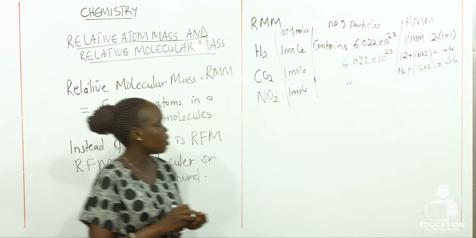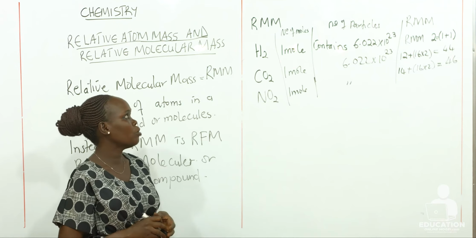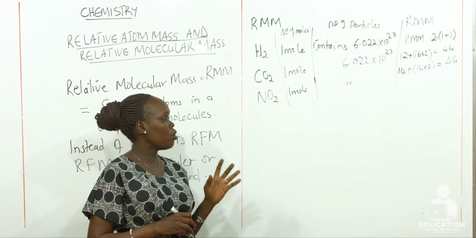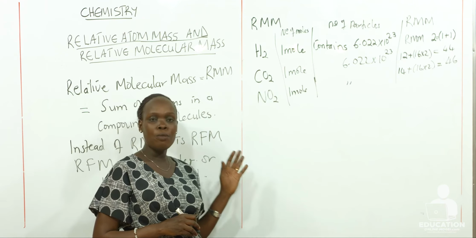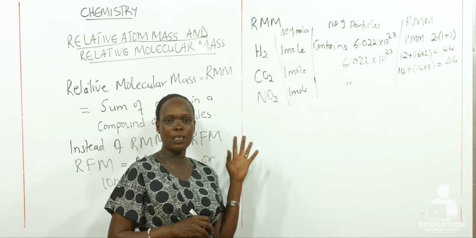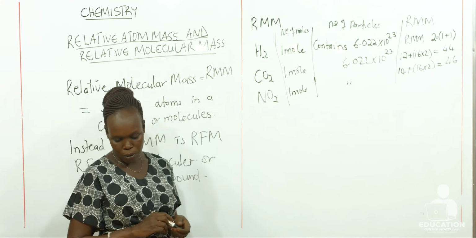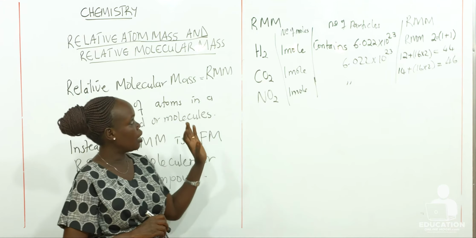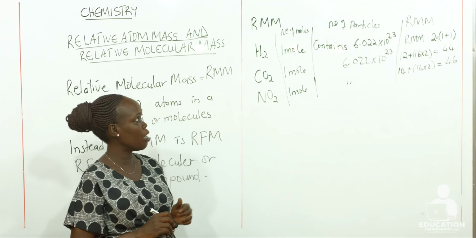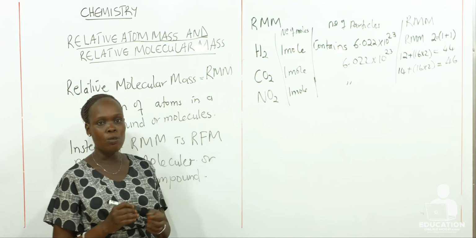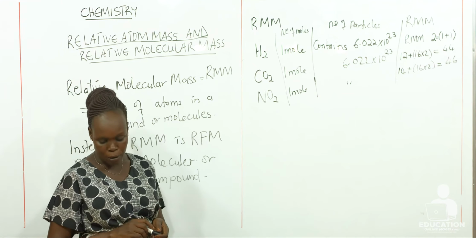So all these molecules have the same number of particles in 1 mole, but their relative molecular masses differ. So we have seen how we calculate the relative formula mass or relative molecular mass for both ionic and molecular compounds.